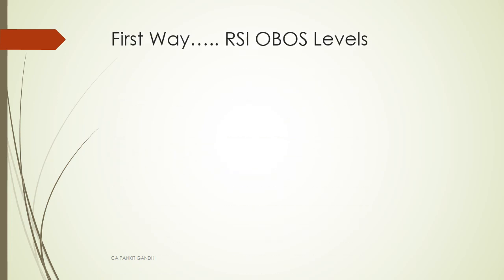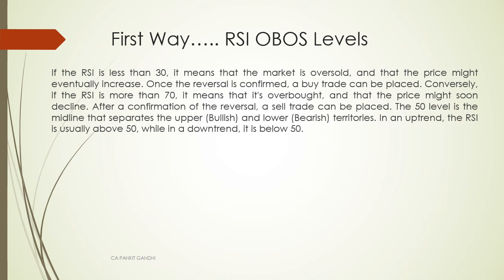So the first way is the RSI OBOS level. OBOS is nothing but overbought and oversold condition levels. The OBOS level says if the RSI is less than 30, it means the market is oversold and price will start to rise. Once the reversal is confirmed, that means price starts rising, you can place a buy trade or go long.